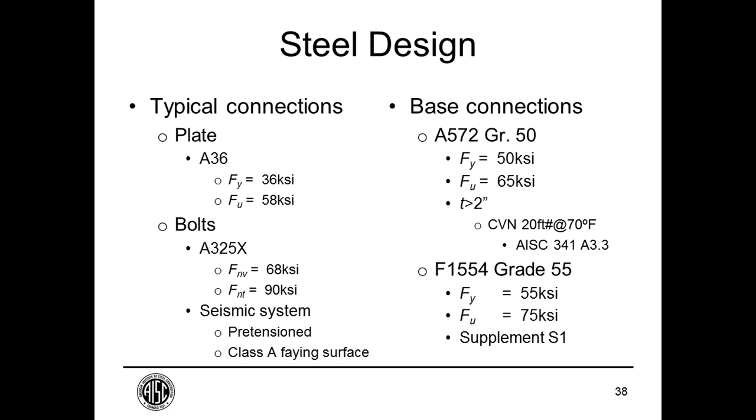The reason that we like the toughness is that it will slow down and prevent crack propagation, which can preserve the integrity of the seismic system under the multiple large cycles of seismic loading.